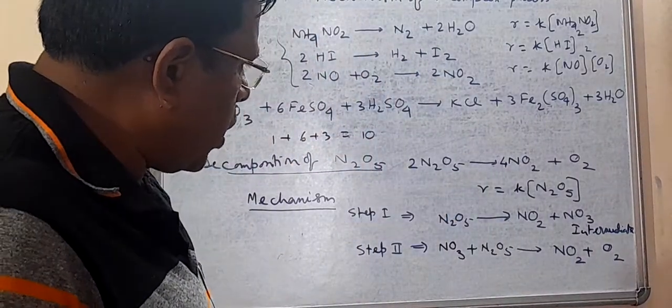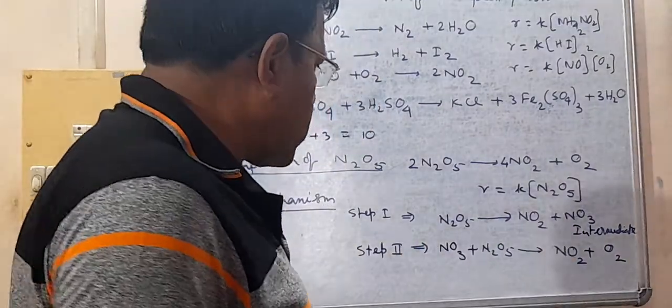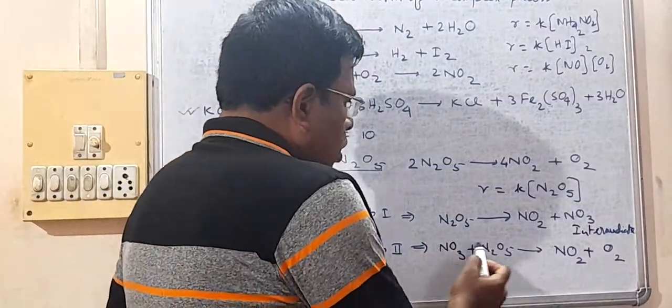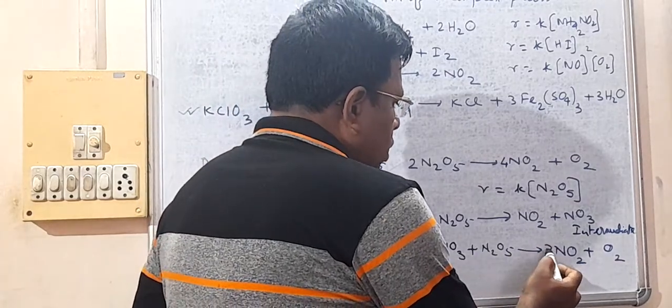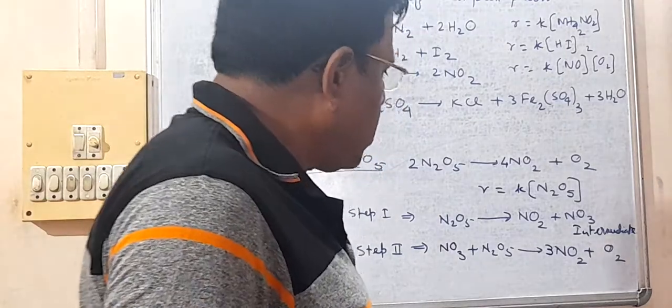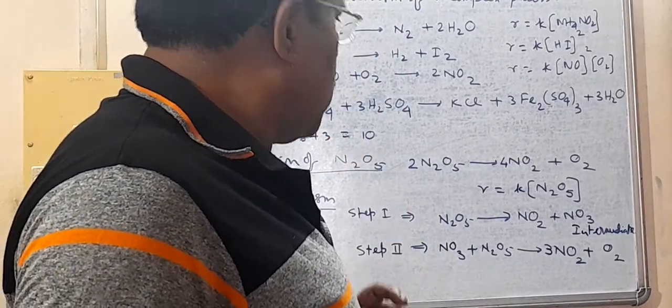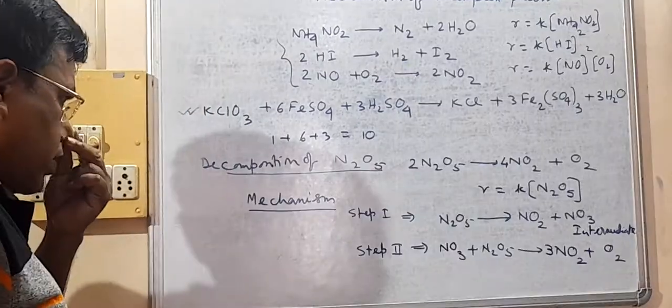The second step also needs to be balanced. To balance, we have a total of 3 nitrogens. So if I write 3 nitrogen here, then I think it got balanced. So these are the 2 steps we have written.